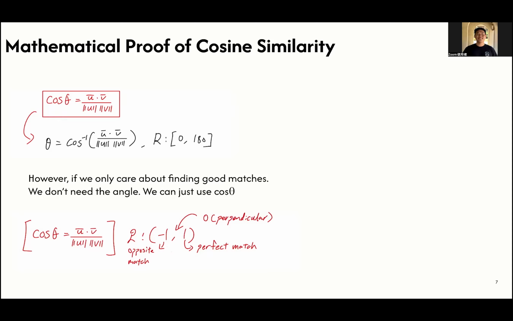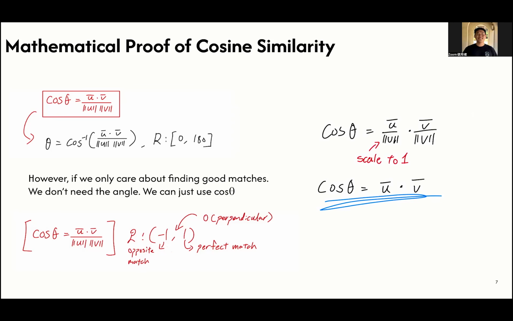Another useful observation comes from rewriting the formula. If we divide a vector by its length, we create a unit vector, which is a vector of length 1. So we scale the vector to 1. After I normalize the vectors, the cosine similarity becomes simply cosine theta equals the dot product of the normalized vectors.